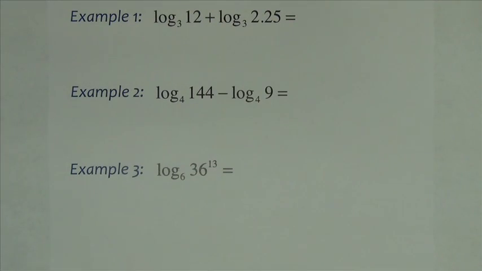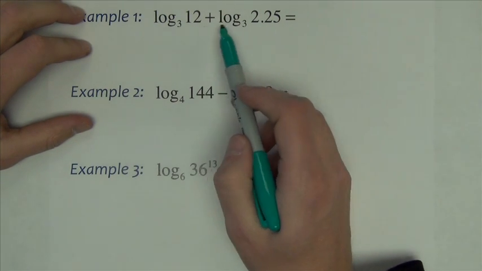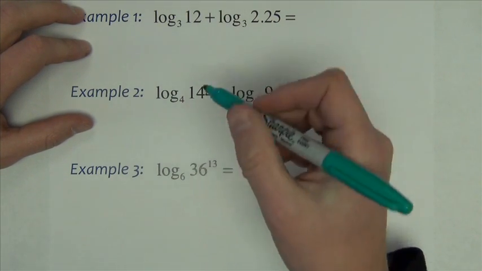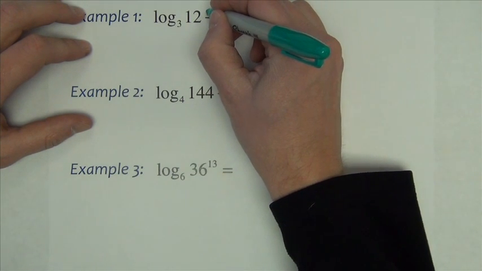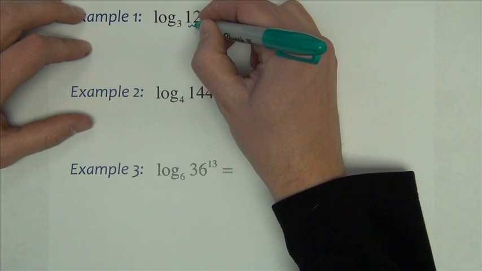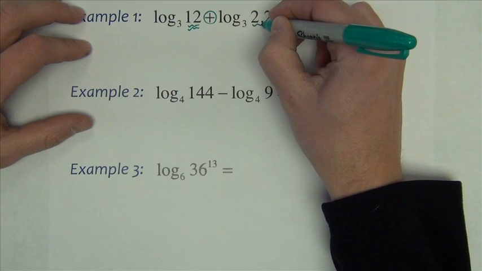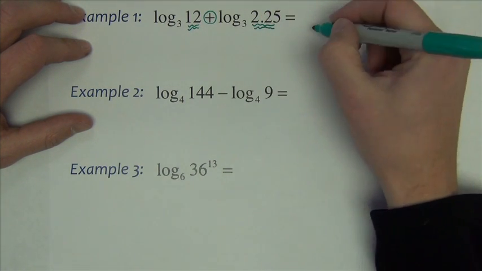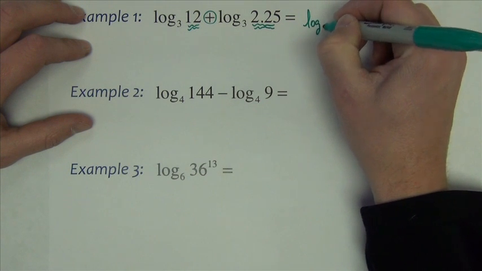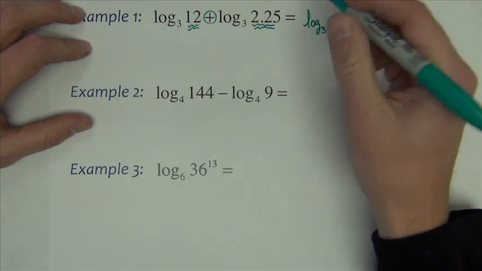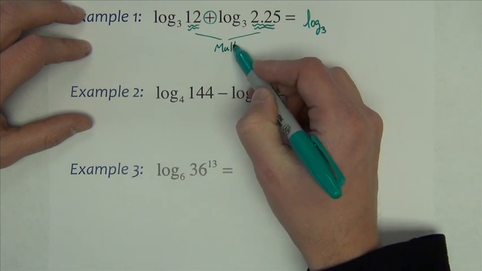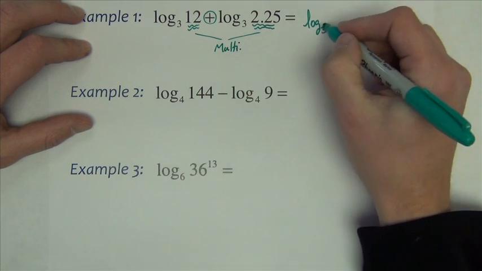Okay, first example, we see two logarithms of the same base. That's important. These bases are going to have to match. And they're being added. The addition is important because the addition tells us how we can combine the 12 and the 2.25. Because of the addition, we are going to multiply these two numbers.